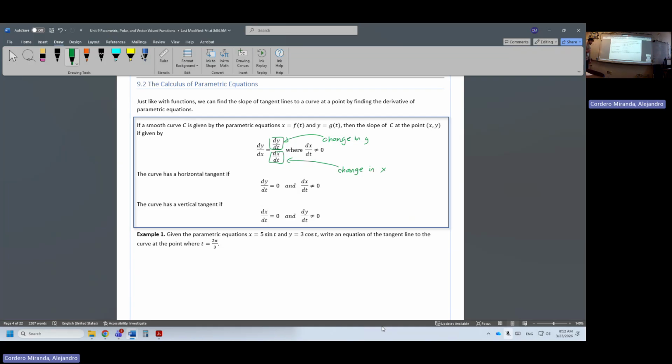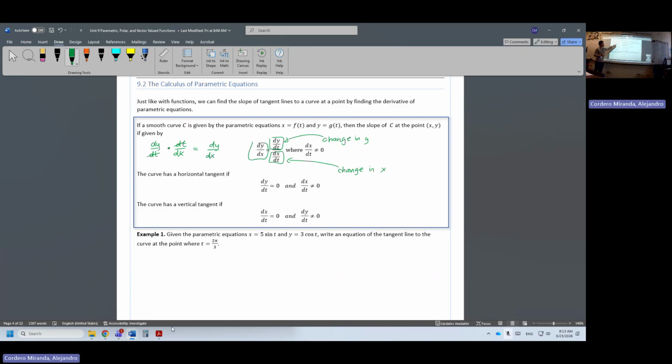But another way to remember it, if you want a more formulaic way, is that if you take dy/dt but you want dx/dt, then you can multiply by dt/dx. Treat them like fractions, basically. And you get dy/dx, which is what you want.